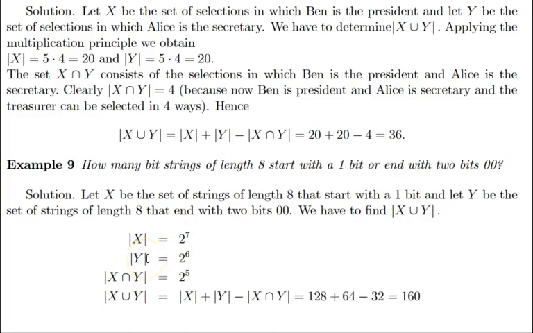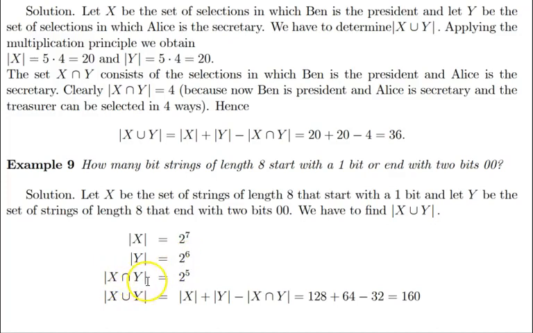The cardinality of Y is 2 to the 6, because in any string from Y we have two zeros at the end, so 6 bit positions have to be filled with these 2 to the 6 choices.